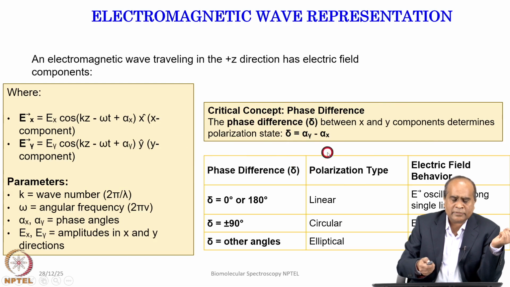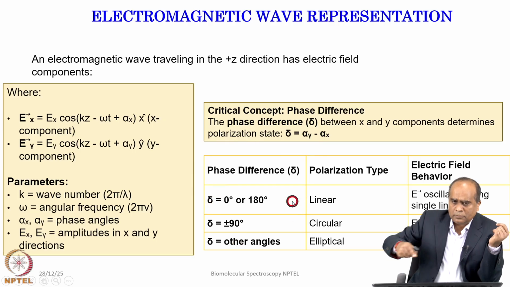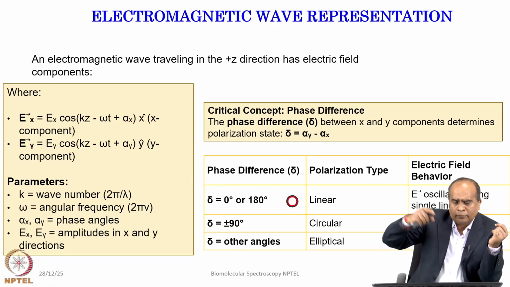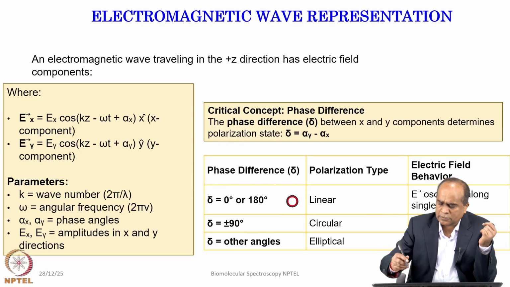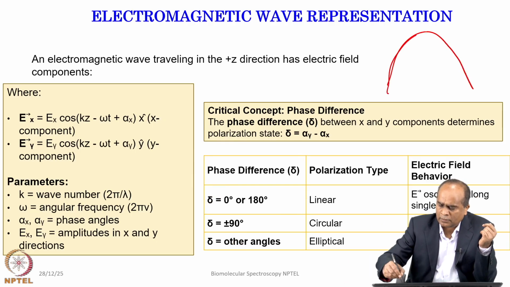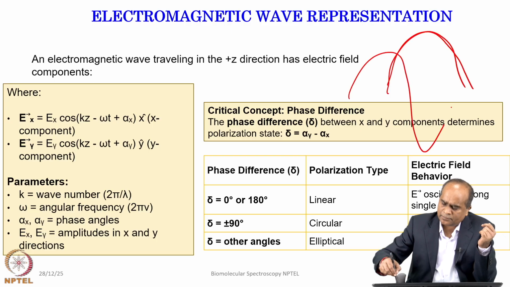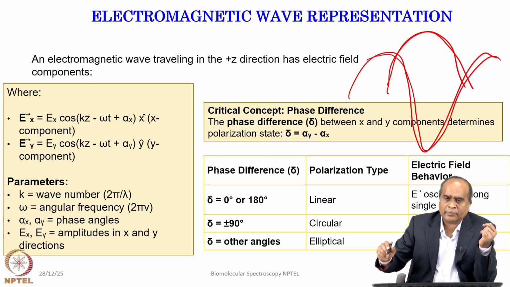If the phase difference is 0 or 180 degrees, 0 means on top of each other, and 180 degrees means one has crossed and then the second starts.